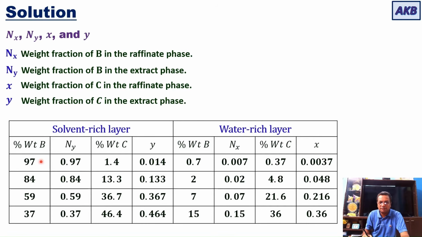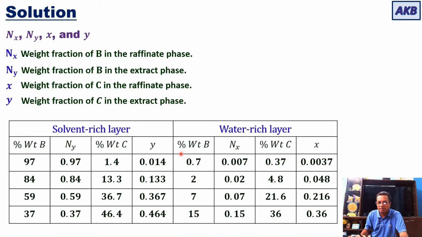The extract layer, for example, has 97% weight of B in it. If I divide it by 100, I will get the weight fraction of B in the extract layer. And then you have the weight percentage of C in the extract layer. When I divide it by 100, I will get the weight fraction of C in the extract layer.